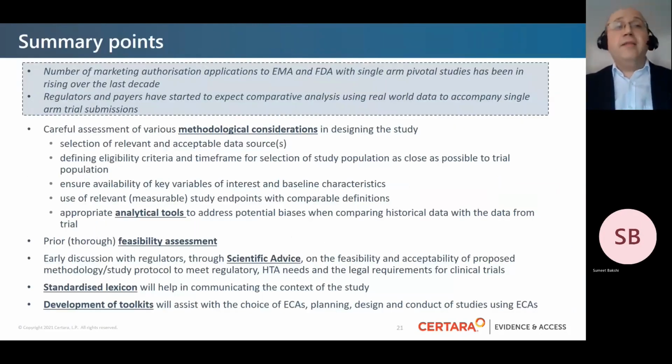And to summarize, the number of marketing authorization applications to EMA and FDA with single-arm pivotal studies has been rising over the last decade. Regulators and payers have started to expect some kind of comparative analysis using real-world data to accompany single-arm trial submissions.